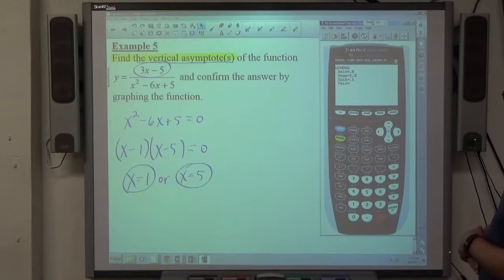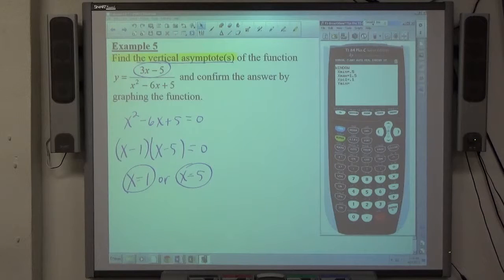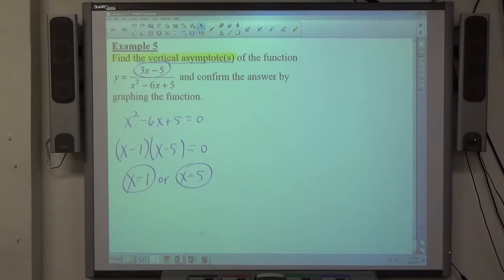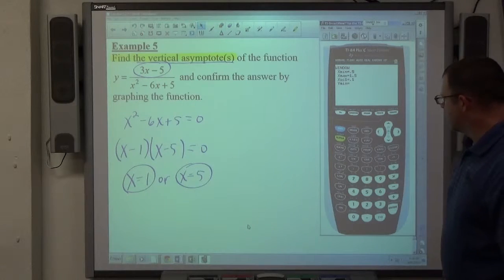My calculator's hung up. So x min negative 1? Yeah, negative 1 or 0, something left of 1. Okay. Calculator's not cooperating. Try closing it out and see if I can get it to work.